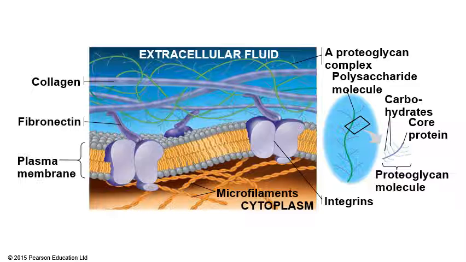So outside, the ECM is like a network. They form a network like this, and connecting plasma membrane into the network of extracellular matrix, that's the fibronectin. So fibronectin connects plasma membrane to the outside extracellular matrix.